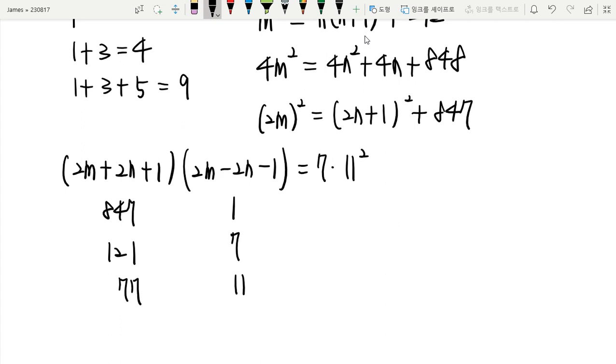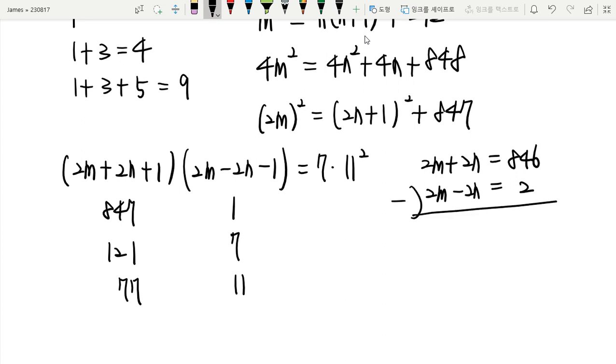So for the first case, the sum is 846 and the difference is 2. So when you subtract these two, the value of n is 211.